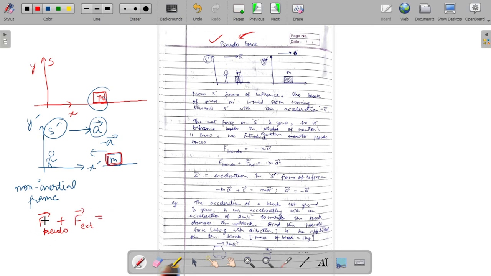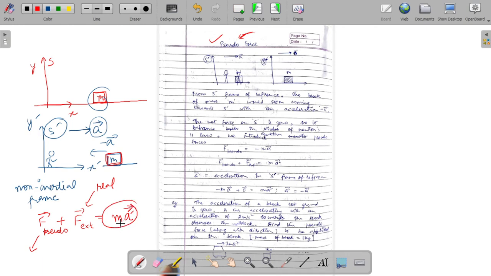The sum of all the real forces, plus the force which we are choosing to apply in a non-inertial frame of reference, must give mass times acceleration which we are observing in the non-inertial frame.